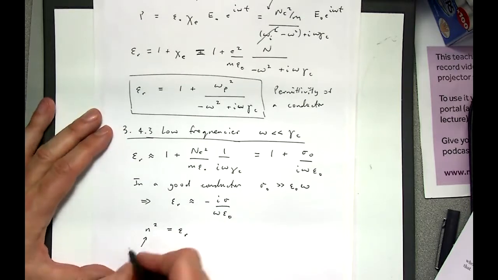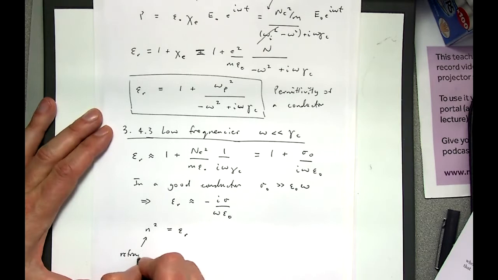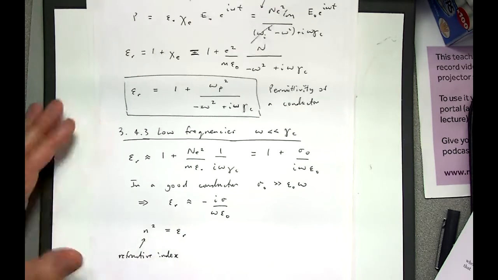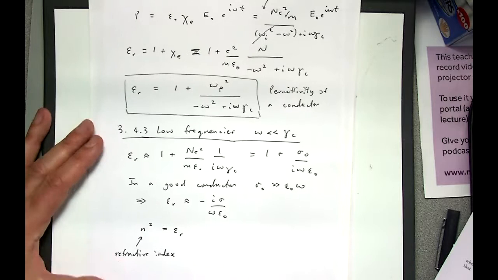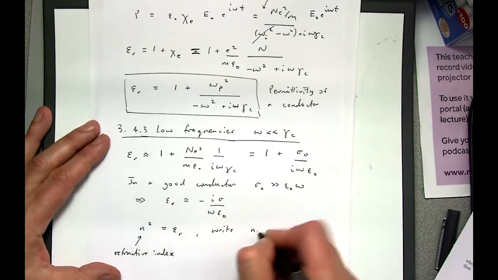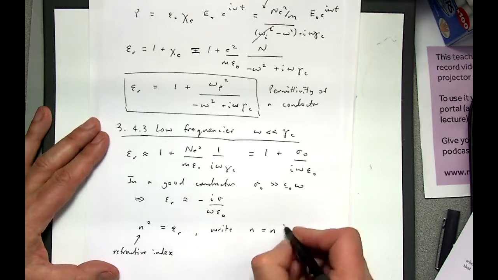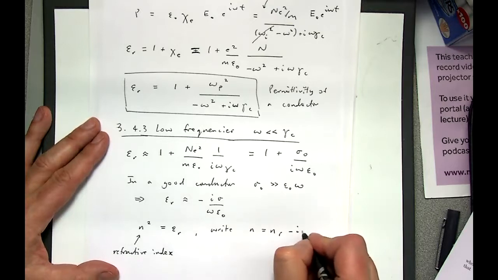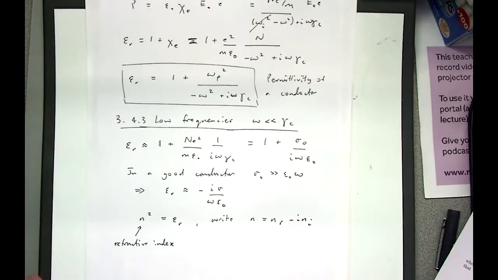Just note this is the refractive index and not some other density of something. And we do our normal trick that we did before. We're going to write n as being equal to a real part and an imaginary part. Remarking again, we need to be careful of the minus sign and the i in how we describe the attenuation.